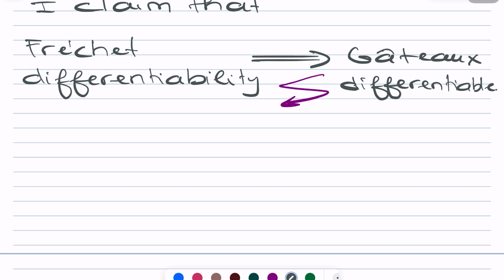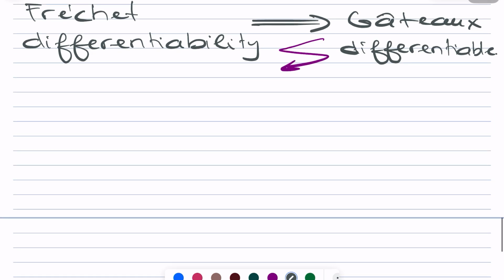Okay, so let's also write some basic properties.